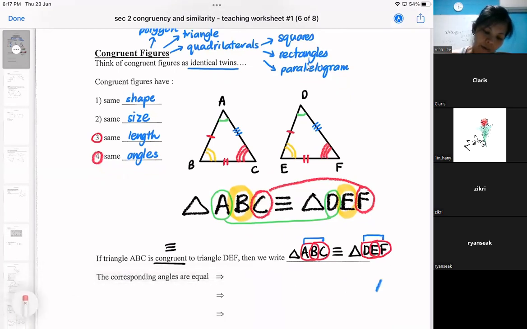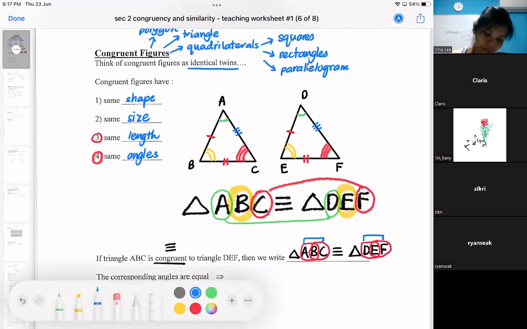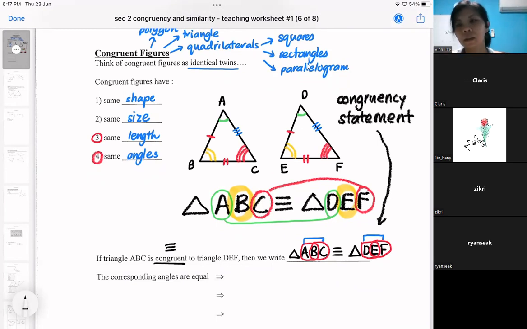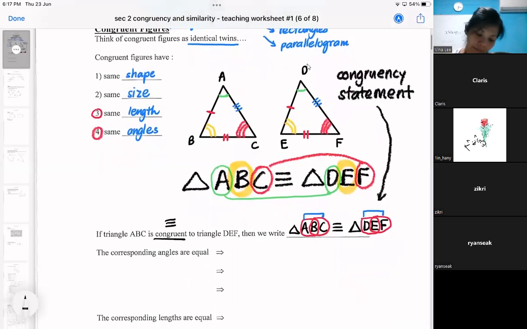Maybe I should write it here. The congruency statement is telling us who are the twins with each other. From the congruency statement, we can match the length and we can match the angle.